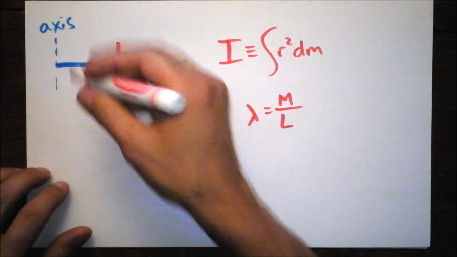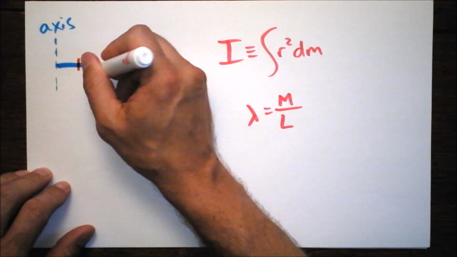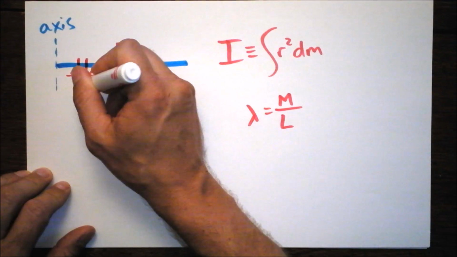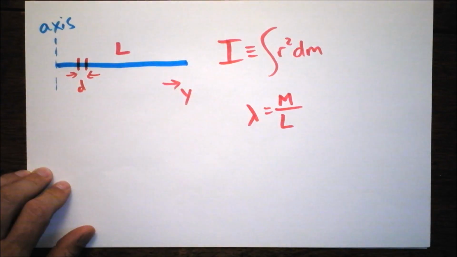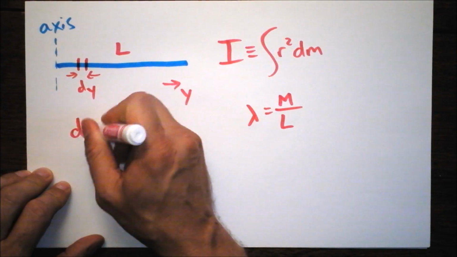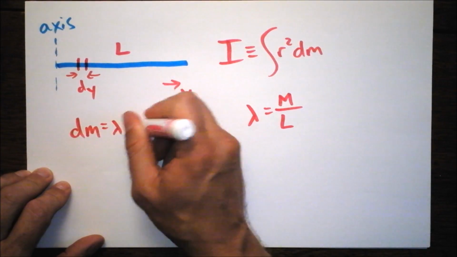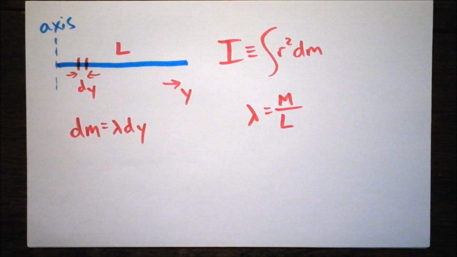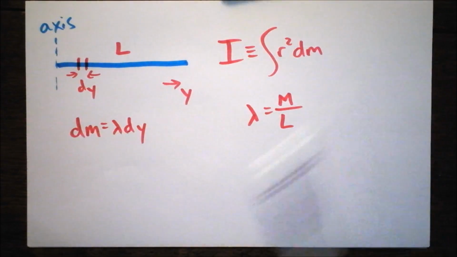Our differential slice is massively blown up right here, but that differential slice has a length dy, right? So in that case, our dm, our differential mass, is just lambda times dy. Is that reasonable? And I like using y's and lambdas at the same time. I think that's really fun. You'll see that it results in some really neat relationships.